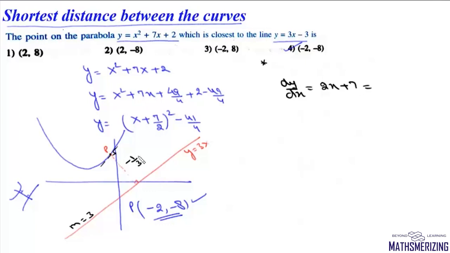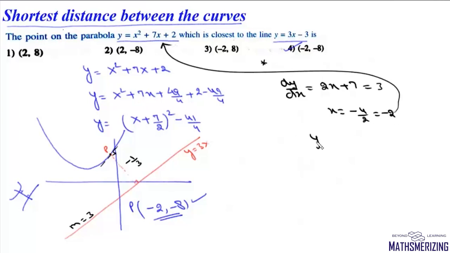Now dy by dx should be 3 because the normal is minus 1 by 3. So we'll get the value of x as minus 4 upon 2, which is minus 2. And then if we put the value of x in this equation, we'll get the value of y. So we'll get it as 4 minus 14 plus 2. So it'll be minus 8.